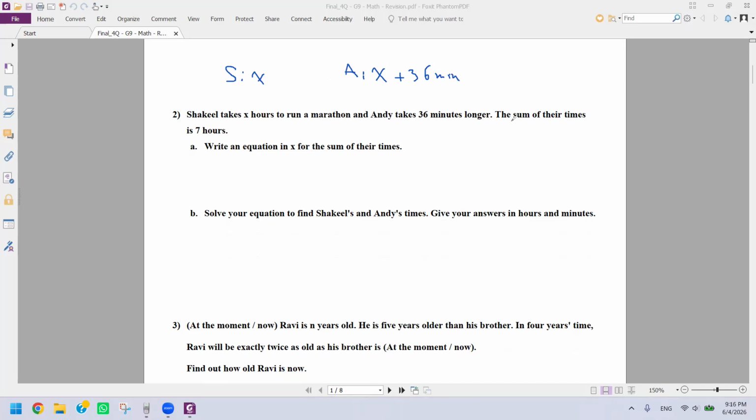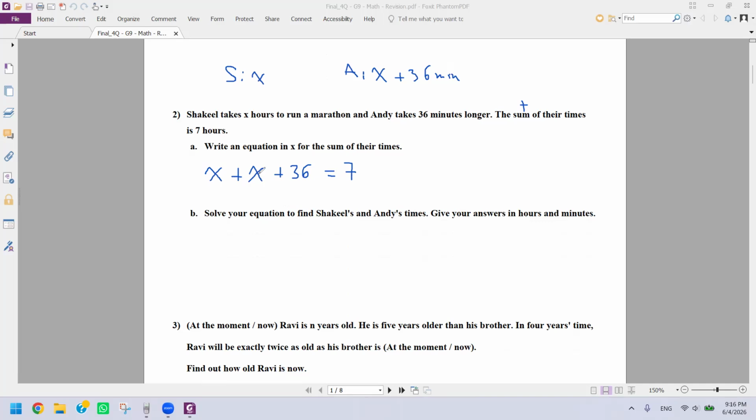It says the sum of their times, the sum means plus, is 7 hours. It says write the equation in terms of X. So for Shakil, it took him X hours. For Andy, X hours plus 36 minutes equals 7 hours.